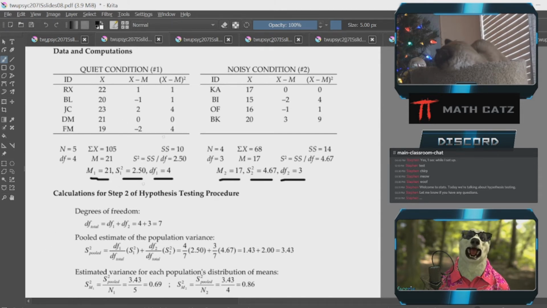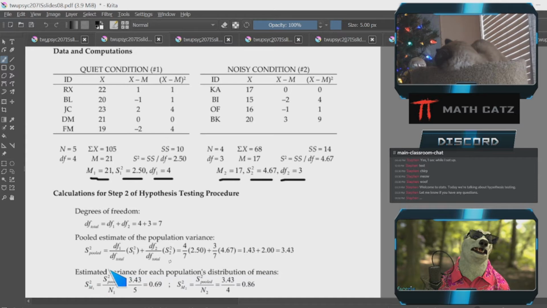Then everything is done separately for the groups until the very end, when we get the comparison distribution. I'm doing everything for the groups separately because the quiet condition scores have their own distribution in a sense, and the noisy condition scores have their own distribution.